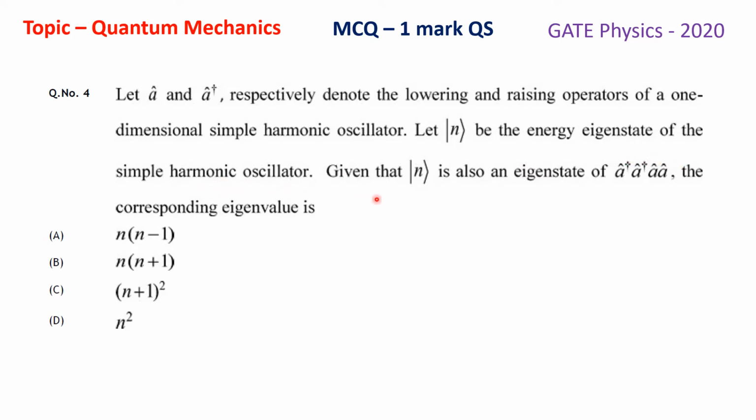Given that the state n is also an eigenstate of A cap dagger times A cap dagger times A cap times A cap, the corresponding eigenvalue is option A, n into n minus 1, option B, n into n plus 1, option C, n plus 1 whole square, and the last option, option D, n square. Let us see how to solve this problem.